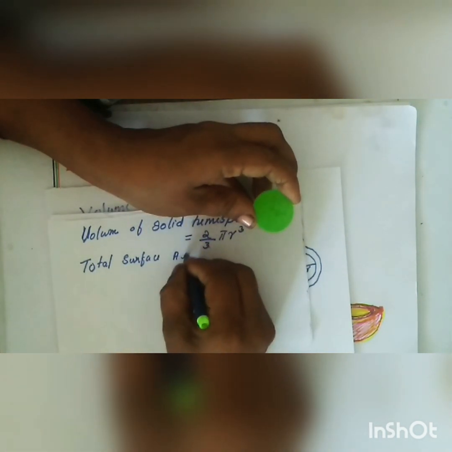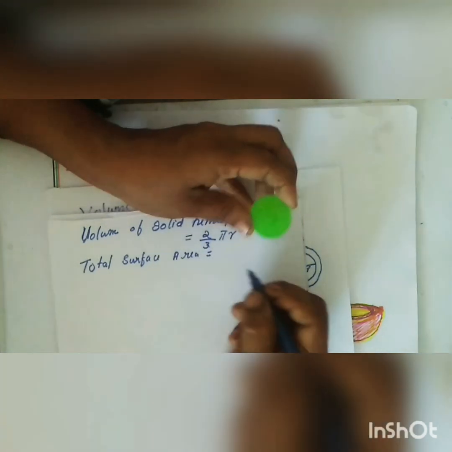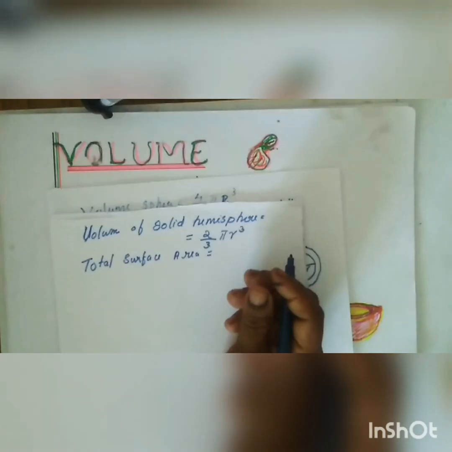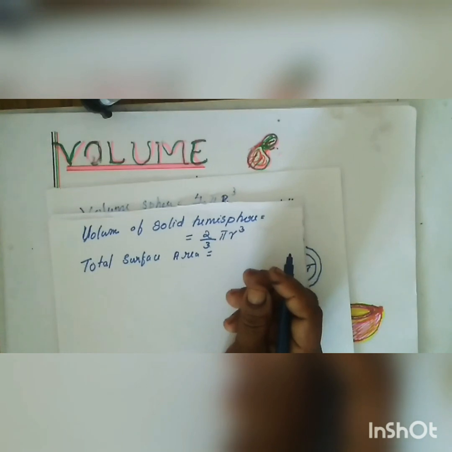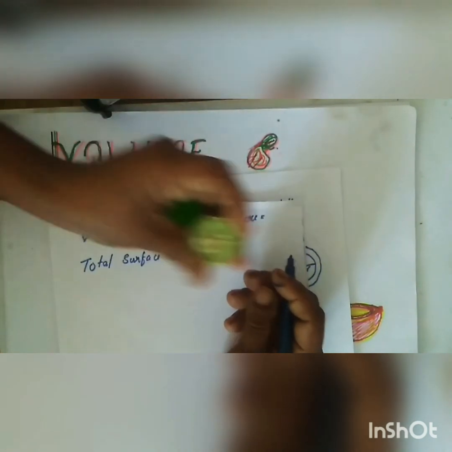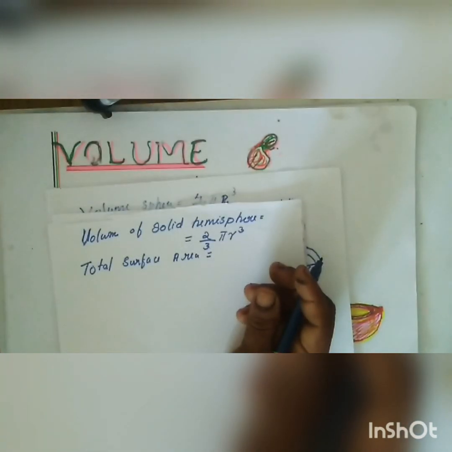Total surface area equal to, here is a lemon fruit. This is a lemon fruit for showing these solids.